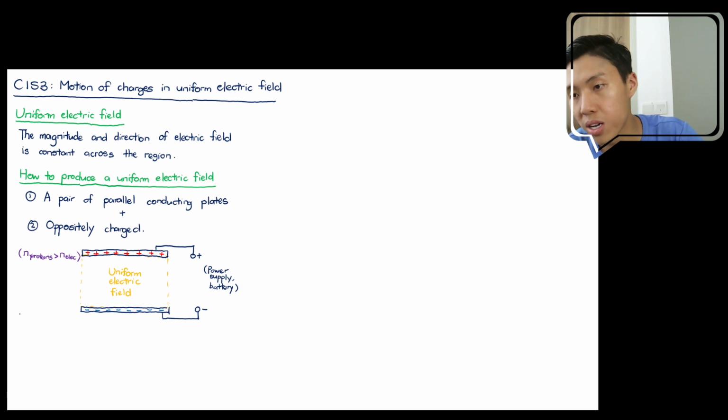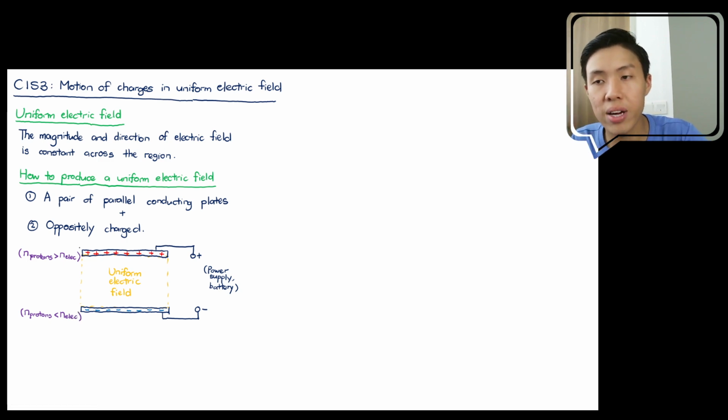Whereas on the other side, why do you have a negative plate? It is because the number of protons is less than the number of electrons.